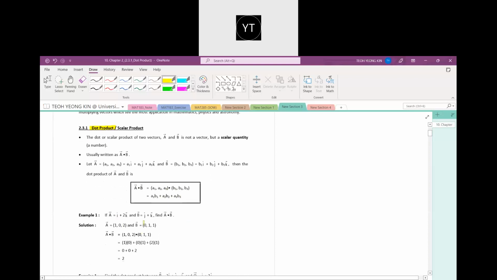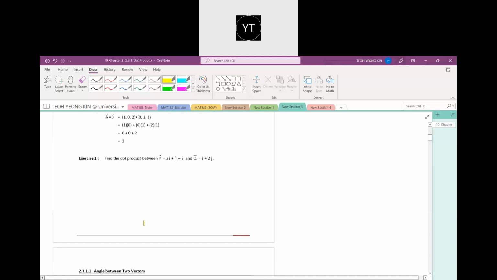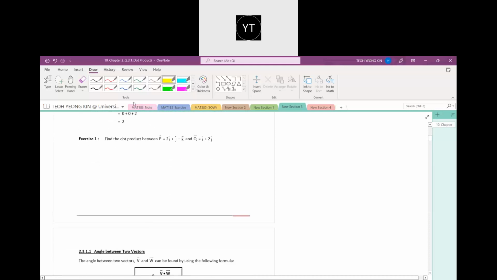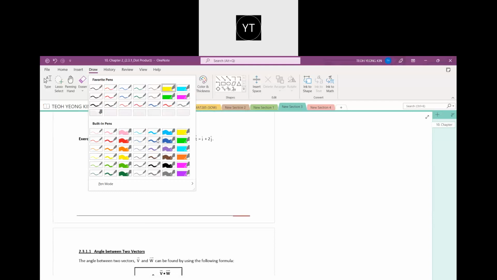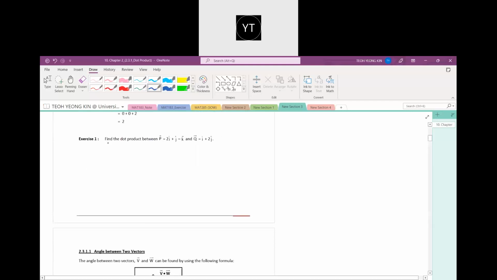For example, let's do exercise 1 as our example. Find the dot product between vector P and vector Q. Let's transform vector P and vector Q into coordinate form.